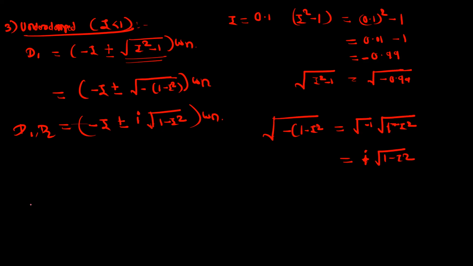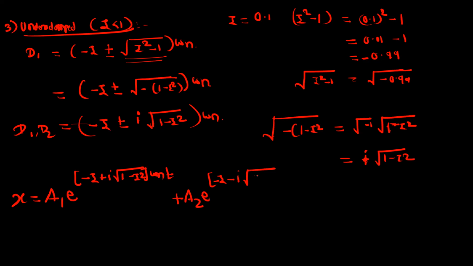So if we put these roots in the general equation of x, we will get x as a1 e raised to (minus zeta plus I square root 1 minus zeta square) into omega n t plus a2 e raised to (minus zeta minus I square root 1 minus zeta square) into omega n t.